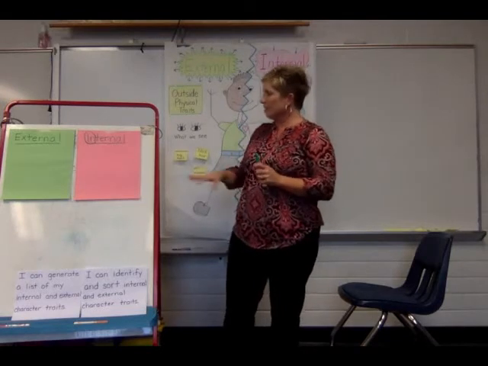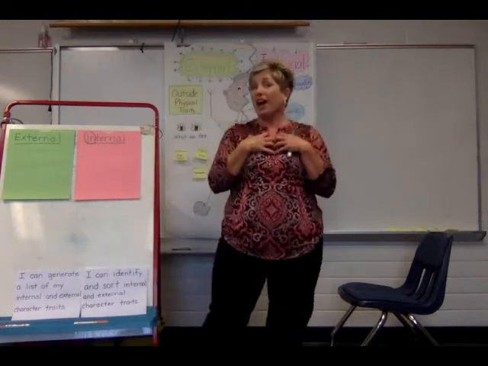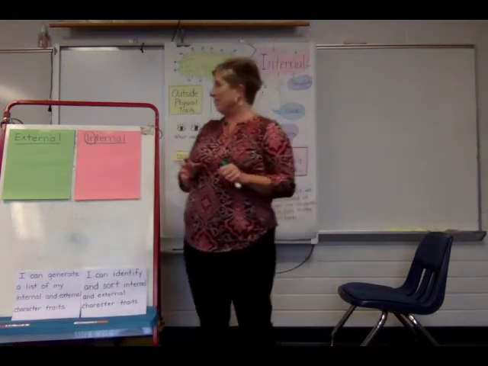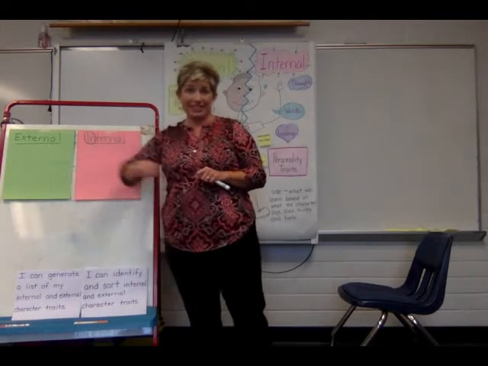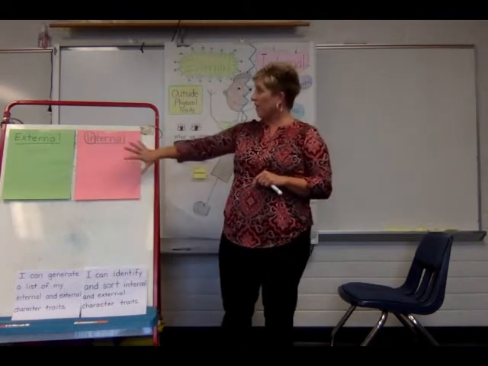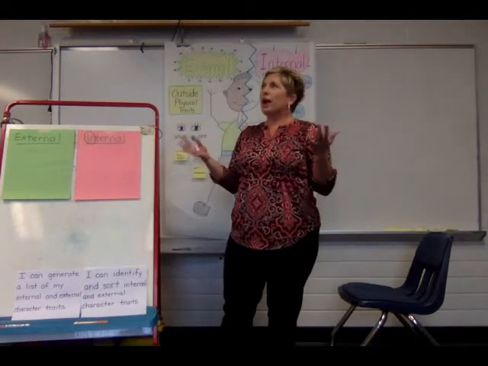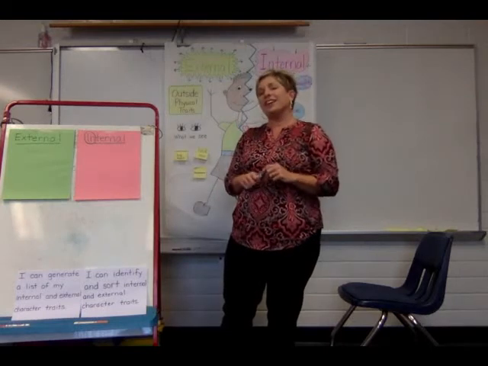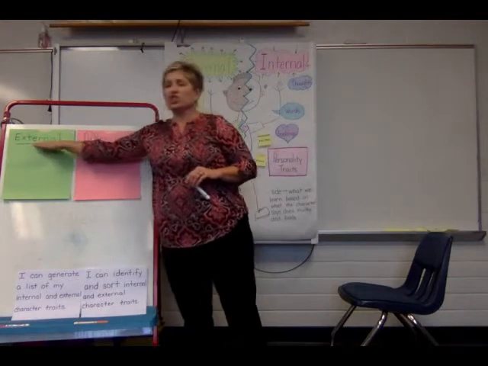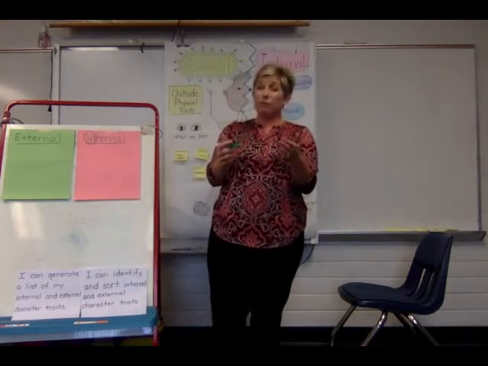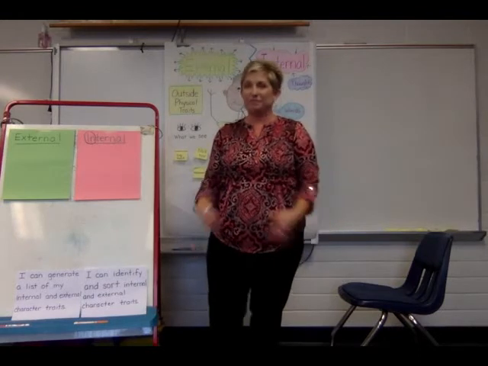Okay? So let's start working on a list of character traits about ourselves, but let's see if we can think of 5 external character traits and 5 internal character traits. So I'm going to do mine first, and then you guys can get started on yours. If I'm thinking about my external character traits, that would be the things you can see on the outside.